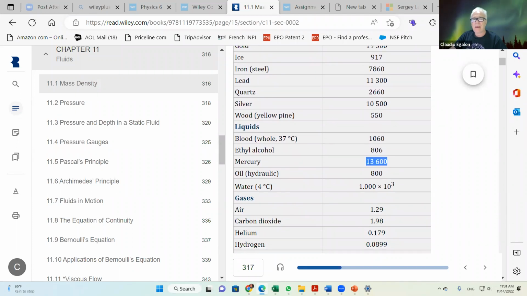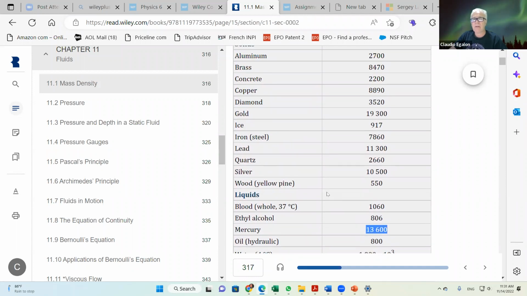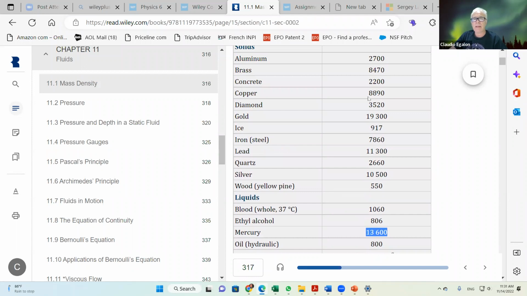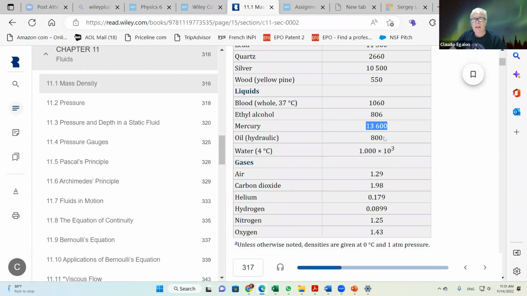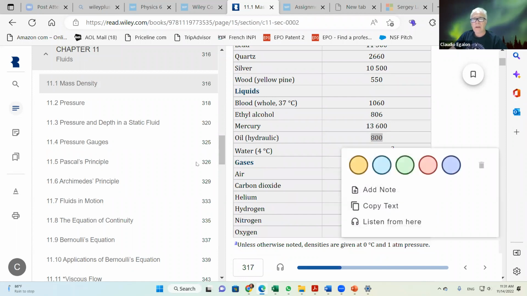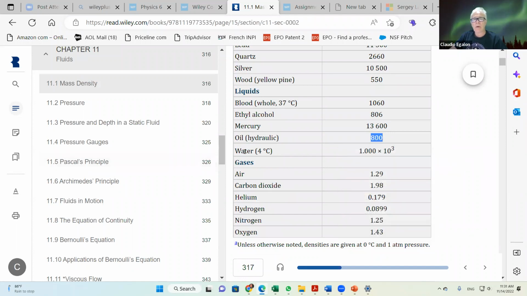It's a very unique substance, liquid mercury. It's more than aluminum, more than brass, more than concrete, right? Hydraulic oil, 800, is less than water. So if you mix water with oil, the oil is going to float. You're going to see that layer of oil on top of the water.